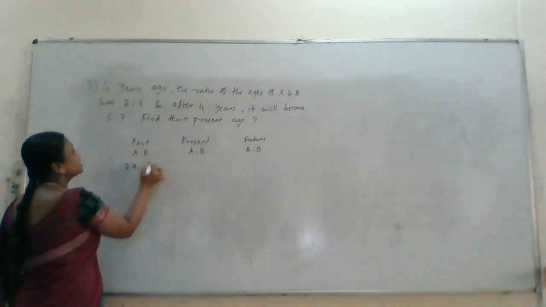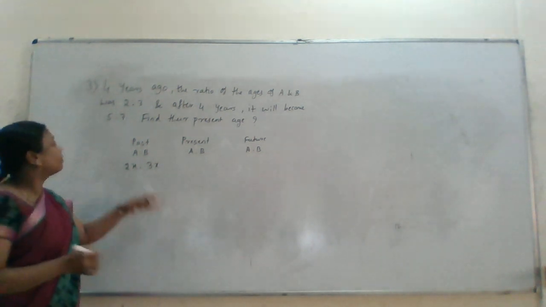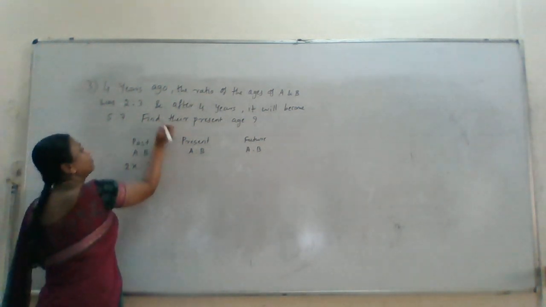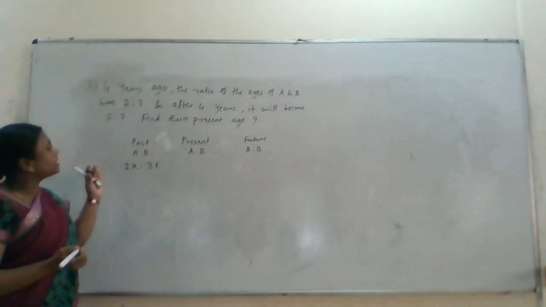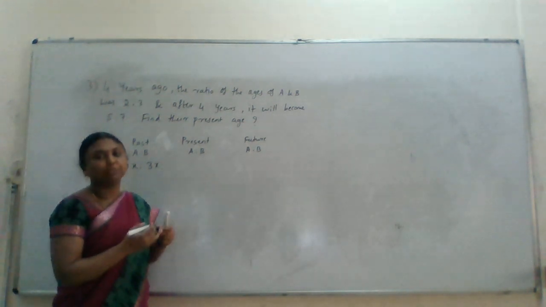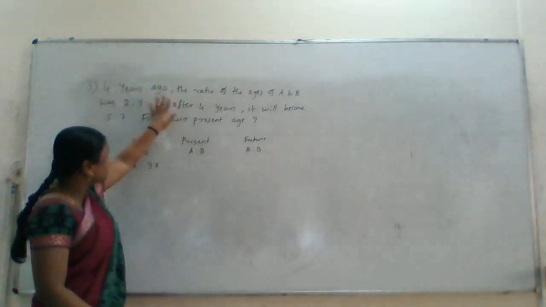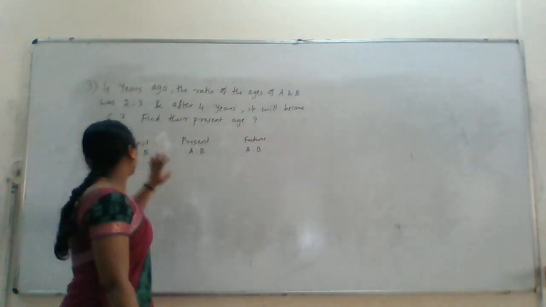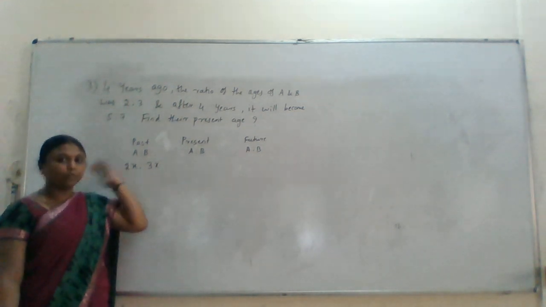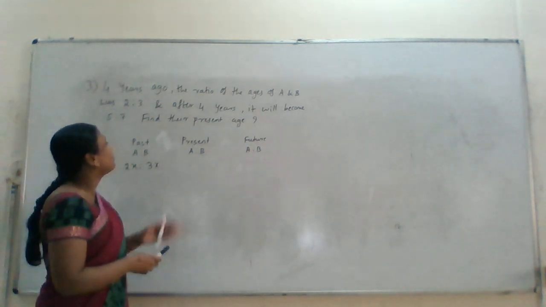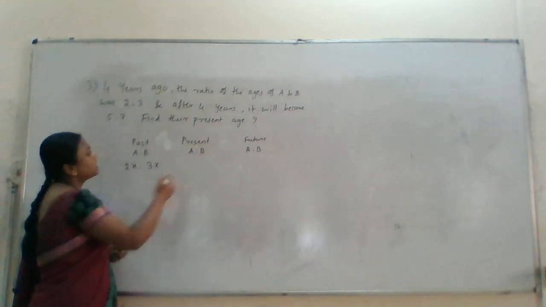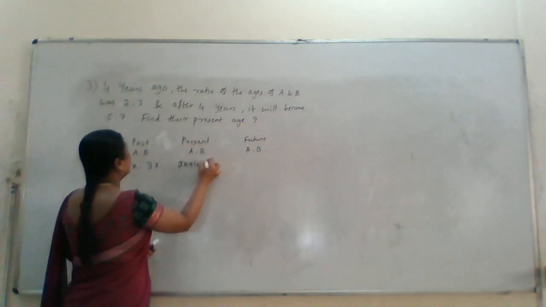2 is to 3 means we consider 2x is to 3x. Four years ago means we subtract 4, so for the present age we should add 4 to each of A and B. That means 2x plus 4 is to 3x plus 4.